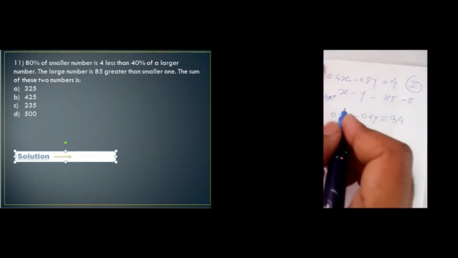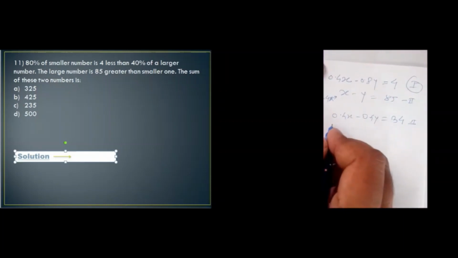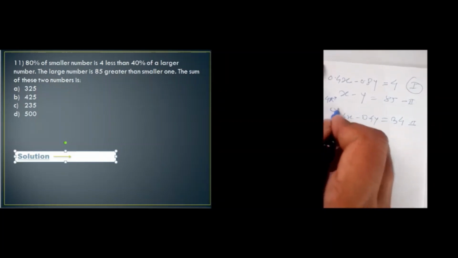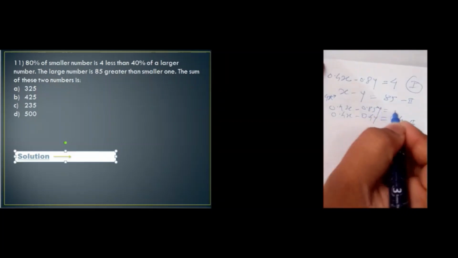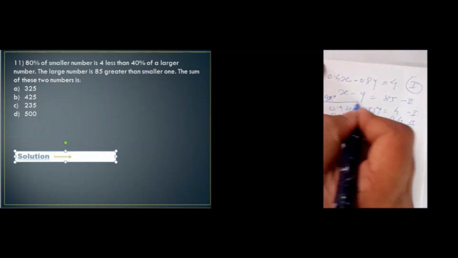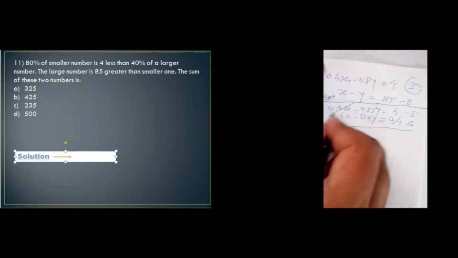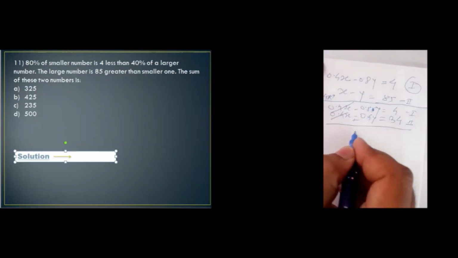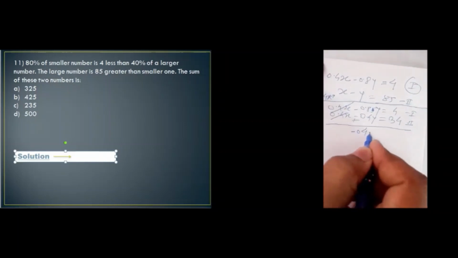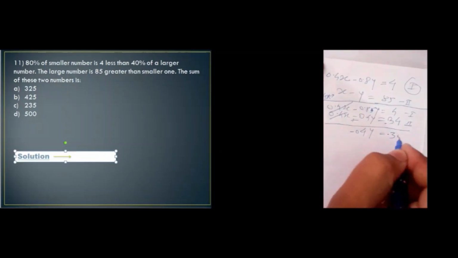So this is the second equation, and the first equation we have taken was 0.4x minus 0.8y equal to 4. If I subtract, this will cancel, this will become plus 0.8y, so minus 0.4y equal to minus 30.